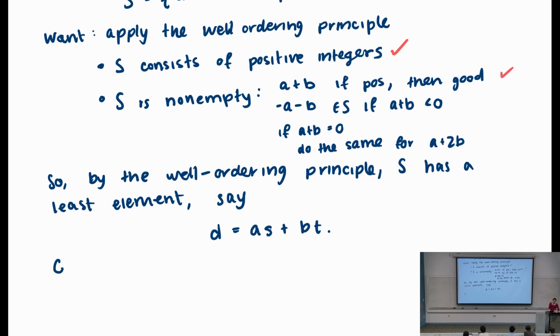Okay, so now my claim is that this number D is equal to the GCD of A and B. So what do I need to prove in order to prove that D is the GCD of A and B?